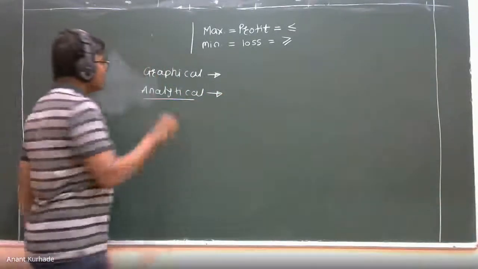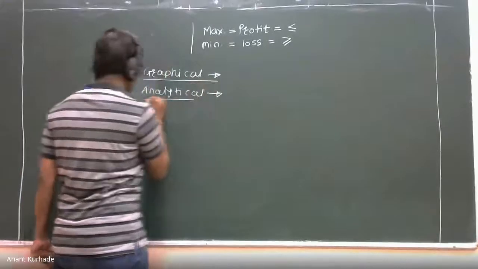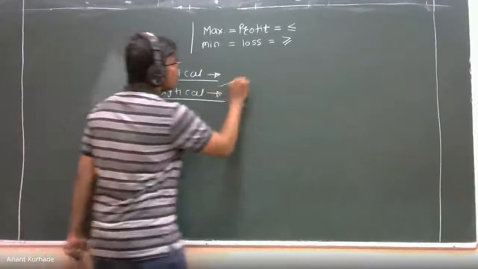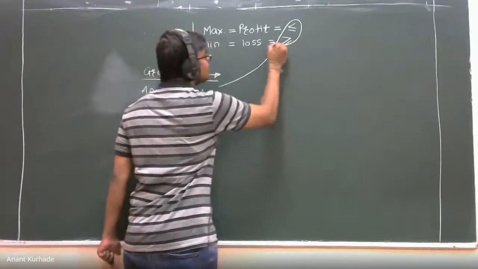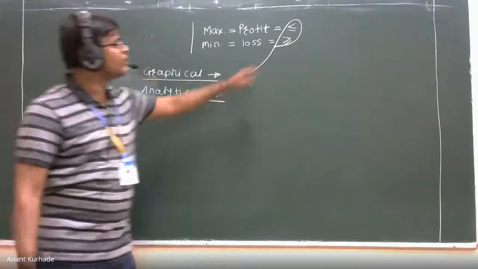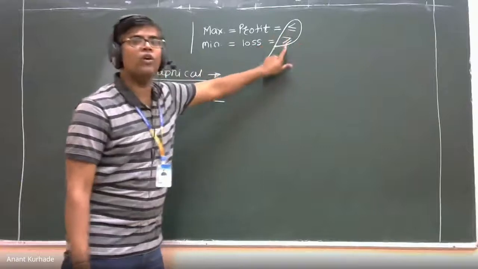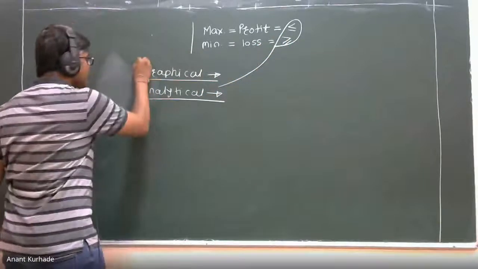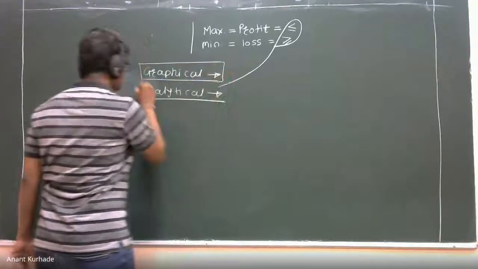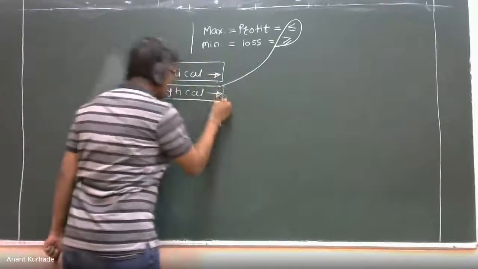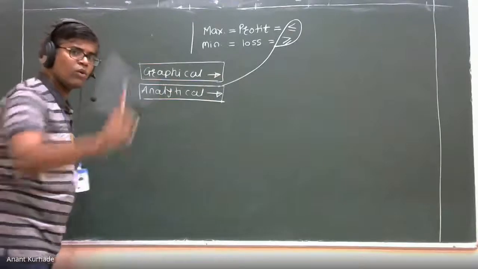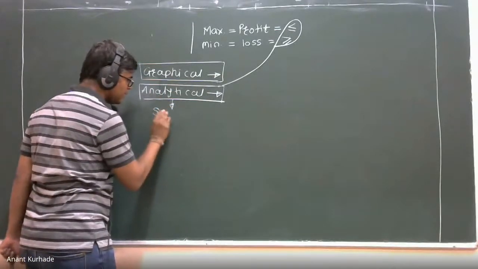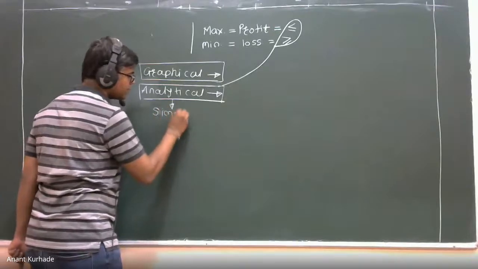While solving these problems, graphical and analytical, the role of constraints is very important. The role of less than or equal to or greater than or equal to is very important. In the analytical method, we have only one method, and the name of that method is the simplex method.